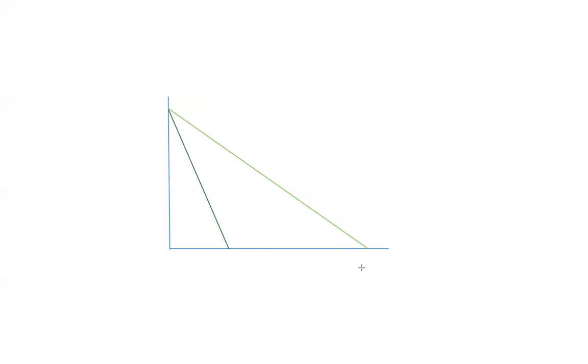Okay. I'm not going to put specific numbers on here, but I'm going to note that the horizontal intercepts are the income. Maybe I'll do this in a different color.